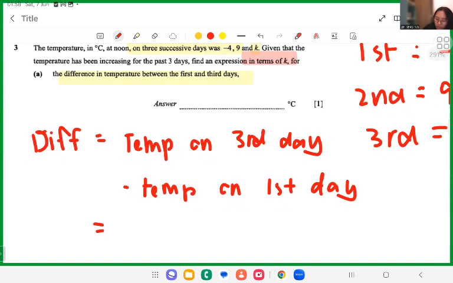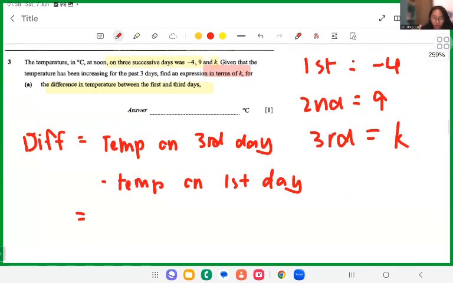So from the question given, we know that the temperature on the third day is K. We write down K minus the temperature on the first day, which is -4. Then we write down -4.